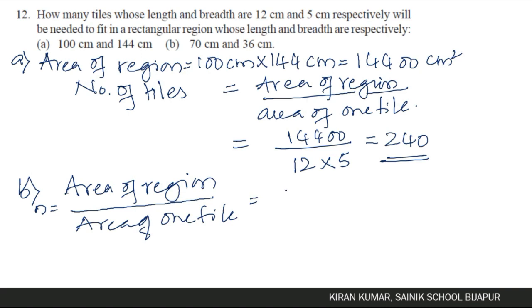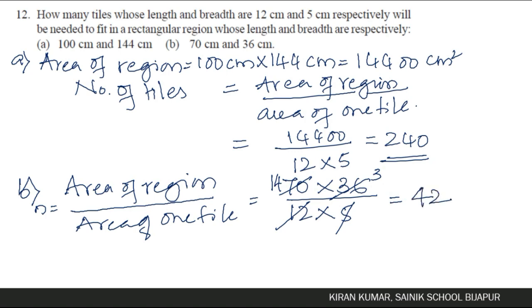Area of the region is 70 multiplied to 36, and area of the tile is 12 multiplied to 5. 12 3 times, 5 14 times. So 14 3s are 42. So 42 tiles are required.